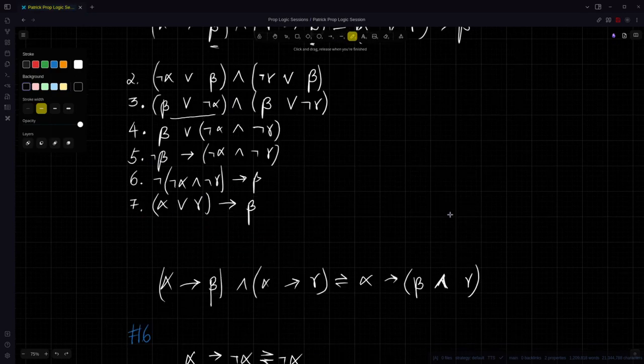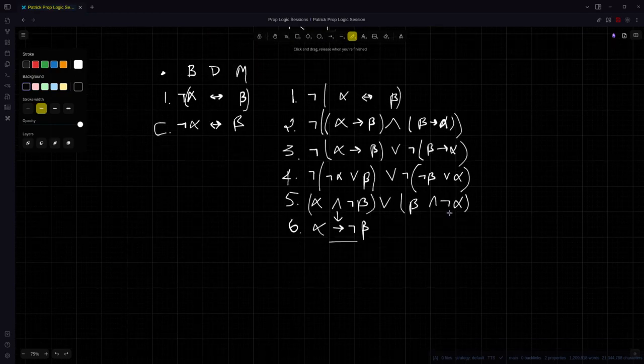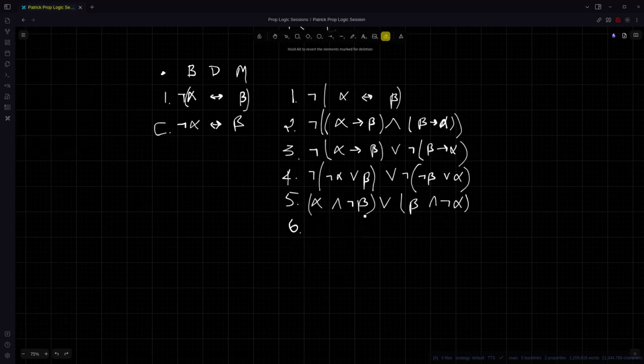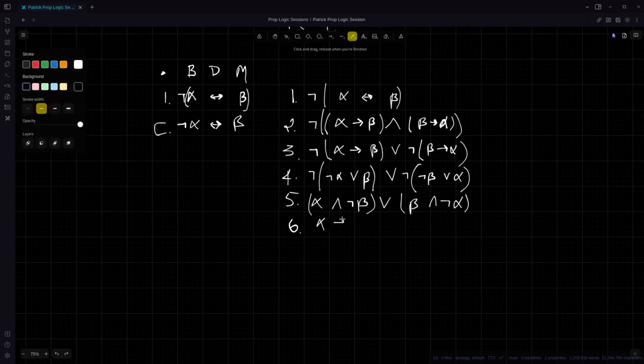So, coming back here, we can just directly do alpha if and only if not beta, or beta if and only if not alpha.